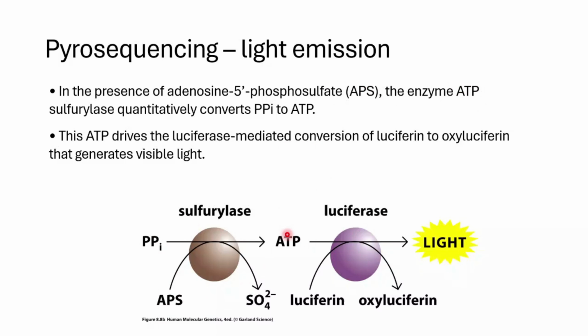But basically, your ATP will then be used by luciferase to convert luciferin into oxyluciferin, and that generates light. Okay. Now, how do you differentiate the ATP that's being used for the luciferase enzyme and the dATP that is being used for the incorporation?